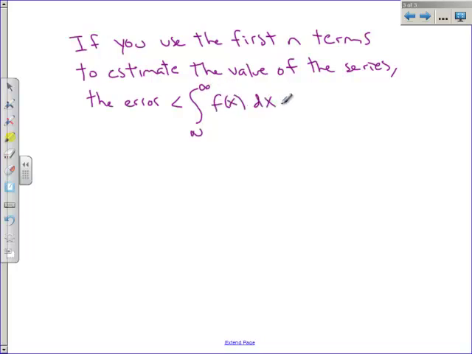So let me show you how to use this. Let's just go back to what I was talking about before: the sum from n equals 1 to infinity of 1 over n squared. So let's just say we want to approximate this. We'll plug in a 1, then we'll plug in a 2, then we'll plug in a 3.